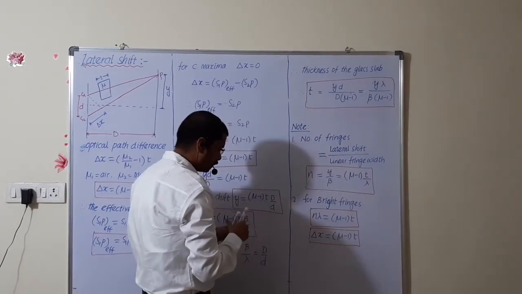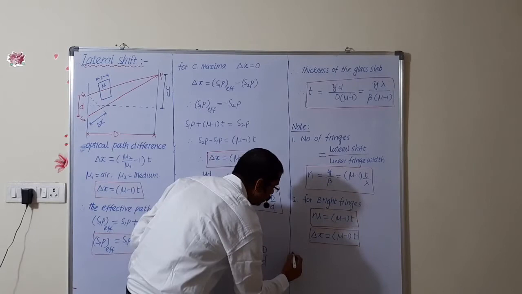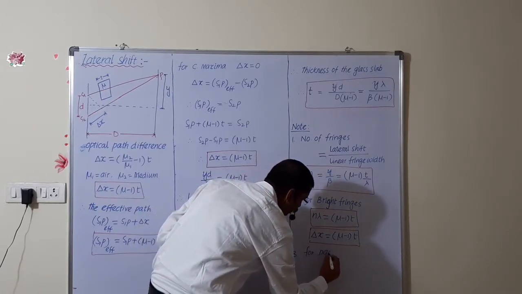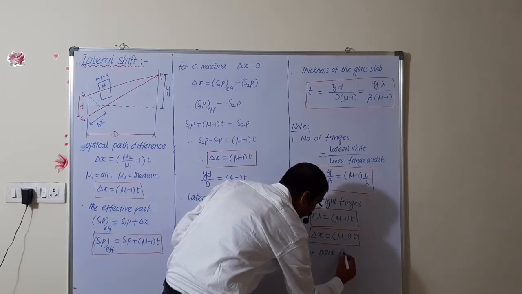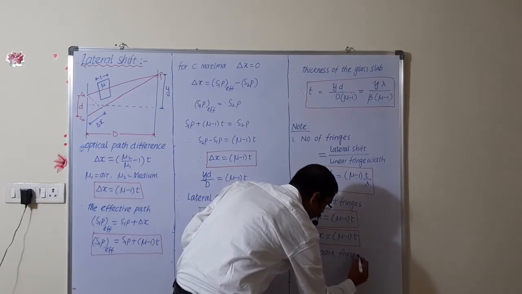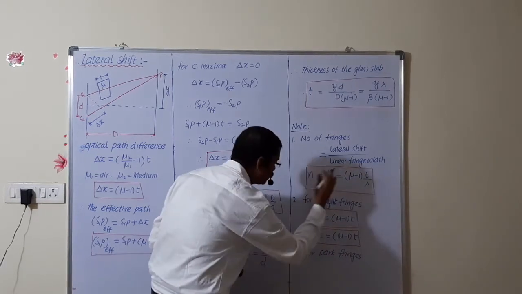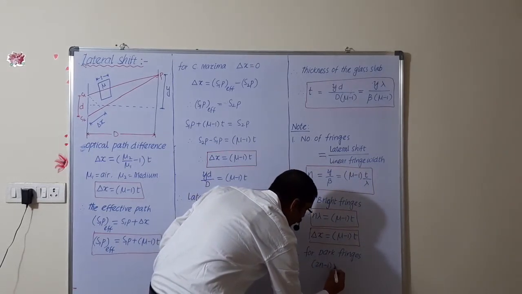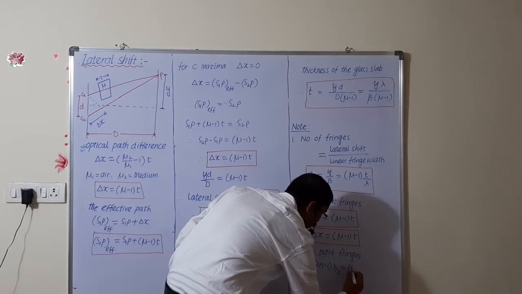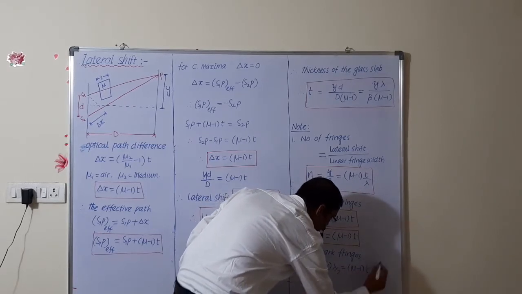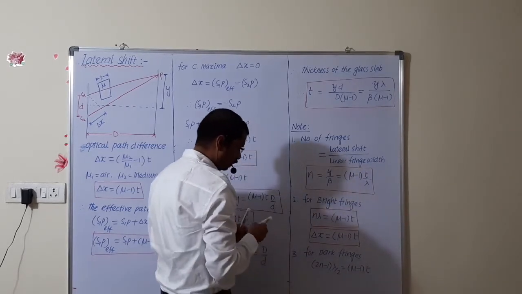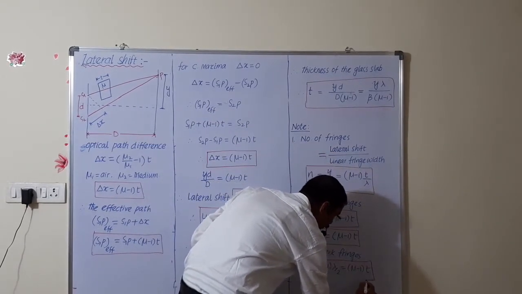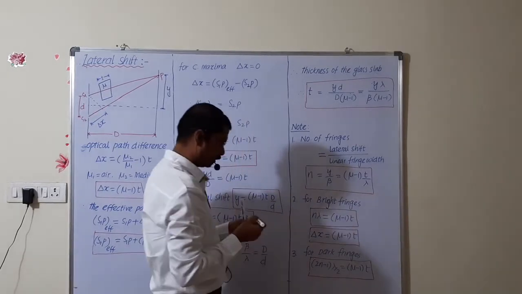Now the third one, for dark fringes: we can write (2n minus 1) lambda by 2 is equal to (mu minus 1) t. It is the formula for dark fringes.